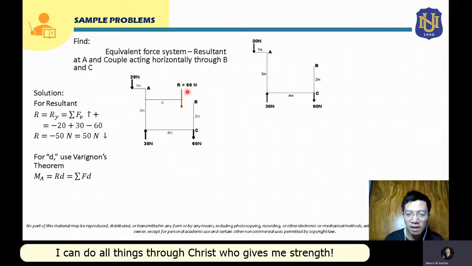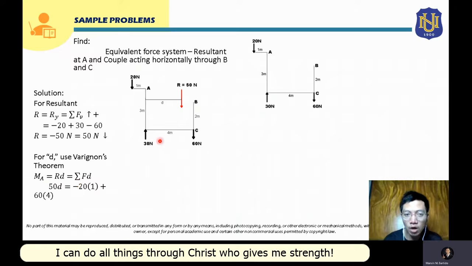We will take the moment of our resultant R about point A. That will be 50 times D. It will have clockwise rotation about point A, so it will be positive here.